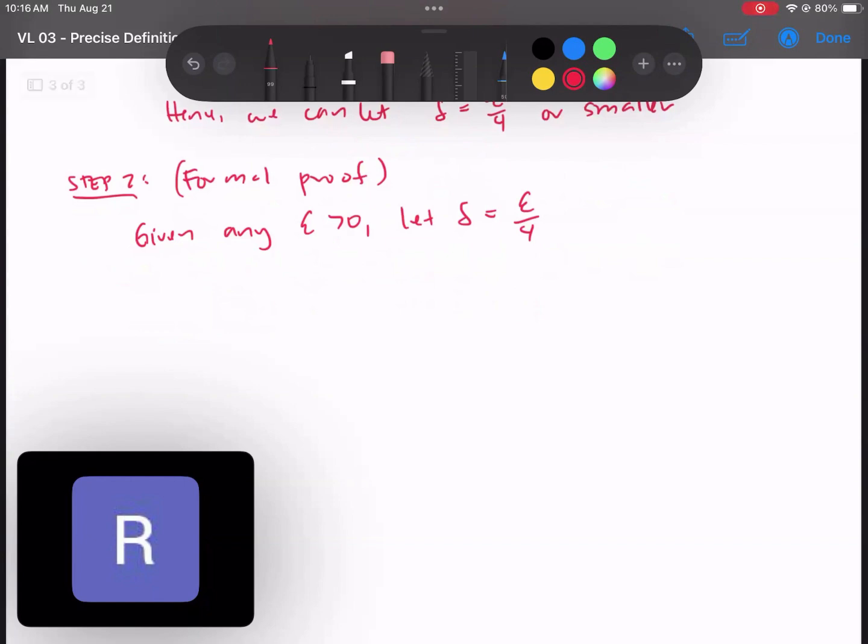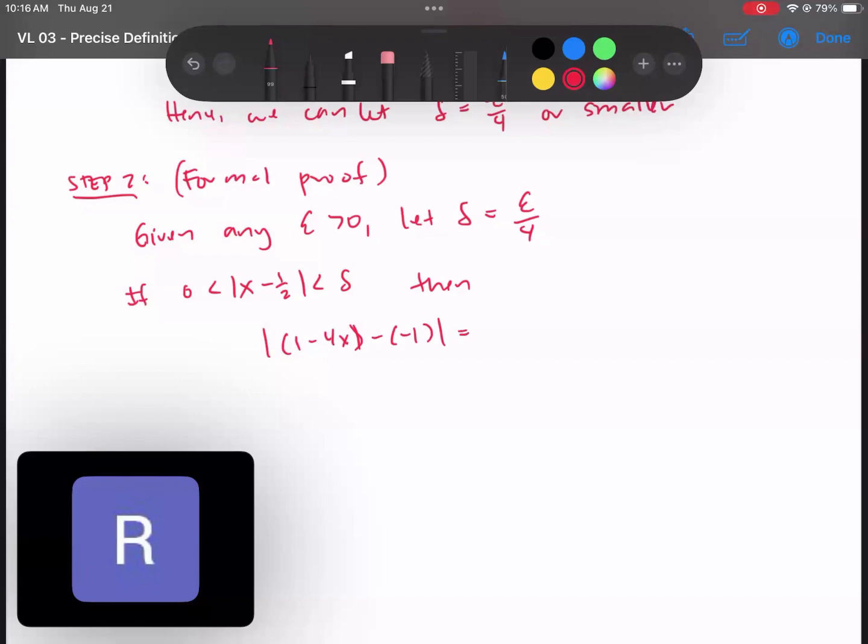So if 0 is less than the absolute value of x minus 1/2, less than delta, then, okay, so the function is 1 minus 4x, and the limit value is -1.